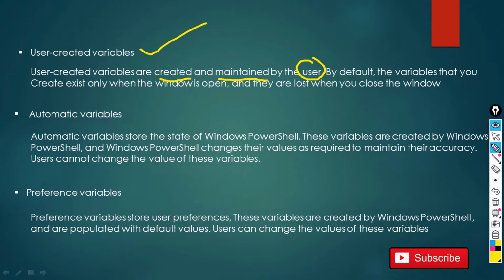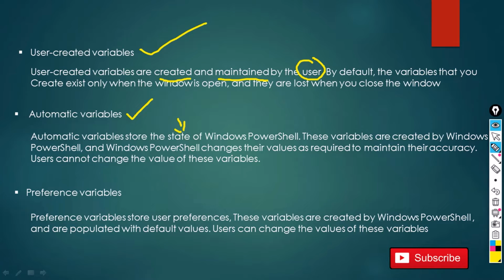And then we have something called automatic variables. Similar to how we have built-in aliases, there are some built-in variables as well within PowerShell. These are called automatic variables, or you can also call them built-in variables, whatever name you are comfortable with. Automatic variables store the state of Windows PowerShell.